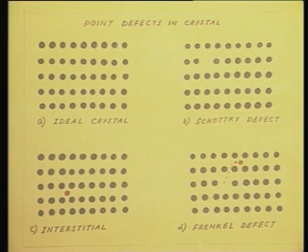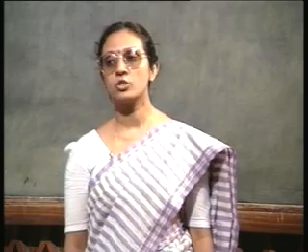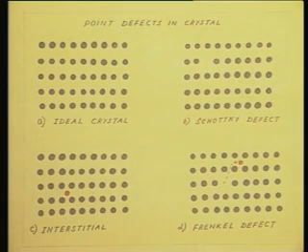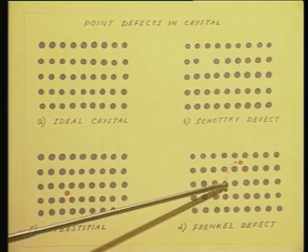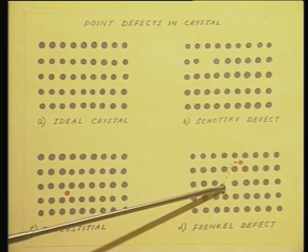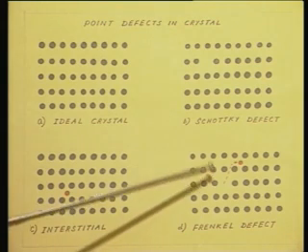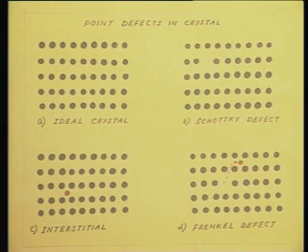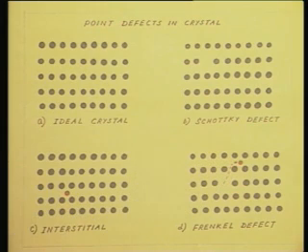Finally, I can have a vacancy interstitial pair which is also called a Frenkel defect. Look at the situation here. Originally, I had an atom here, that was my regular crystal structure. Now, one atom from its regular lattice site has moved into an interstitial space as shown by the red arrow.